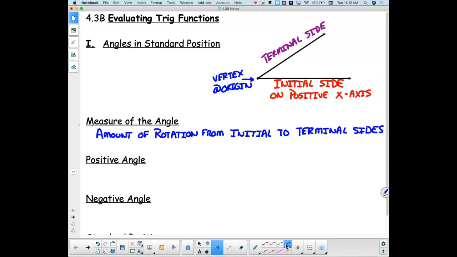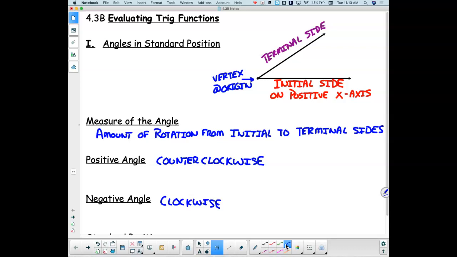A positive angle would have counterclockwise rotation. A negative angle would have clockwise rotation. You know all of this so far, because that's unit circle.